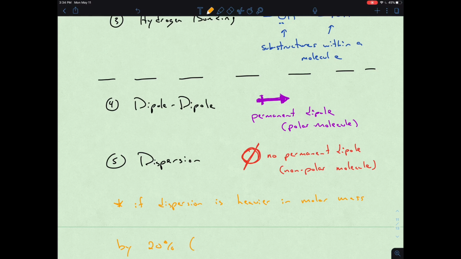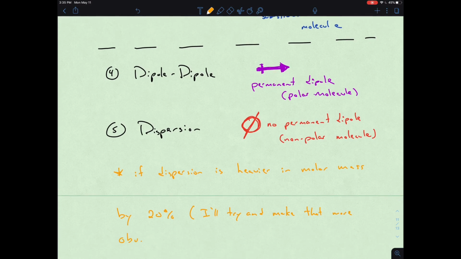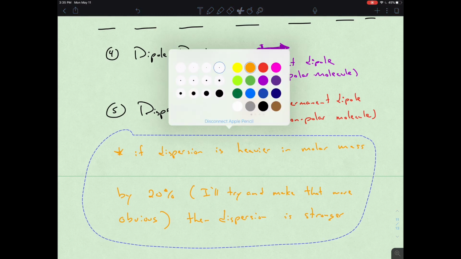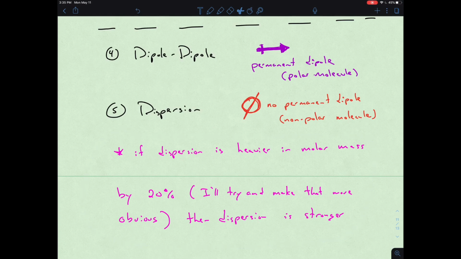And I'll try to make that more obvious. 20% is kind of a harder one to figure out on the fly. But if dispersion is heavier in molar mass by 20%, then dispersion is stronger. So we have that relationship of strength of the force of attraction to these physical properties that we were talking about. So that is forces of attraction.